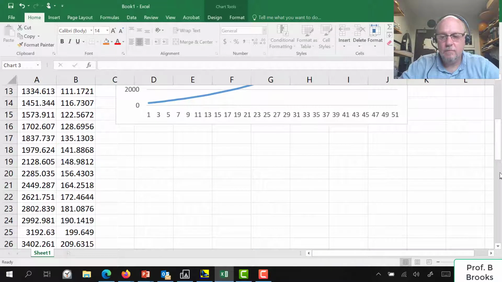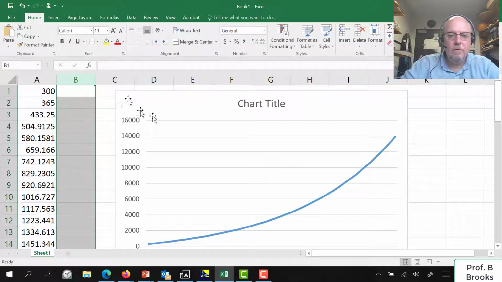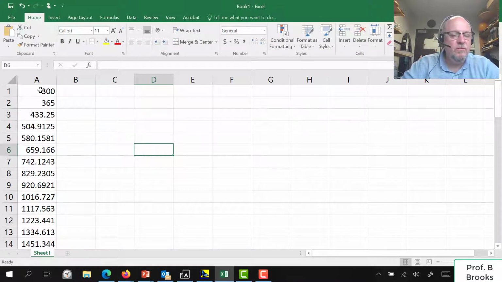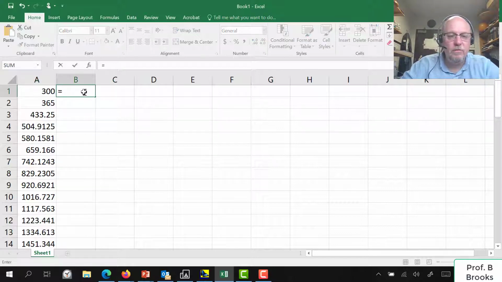So let's go back to our values. I'm going to get rid of this, and if this was our input value to our equation, our line, our output value was the 365. So that's this value here.